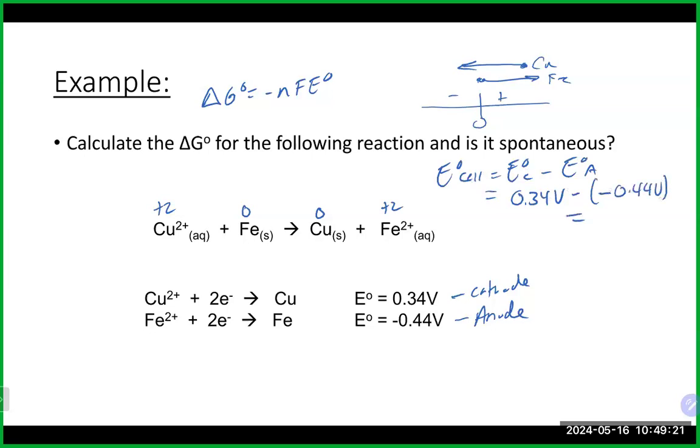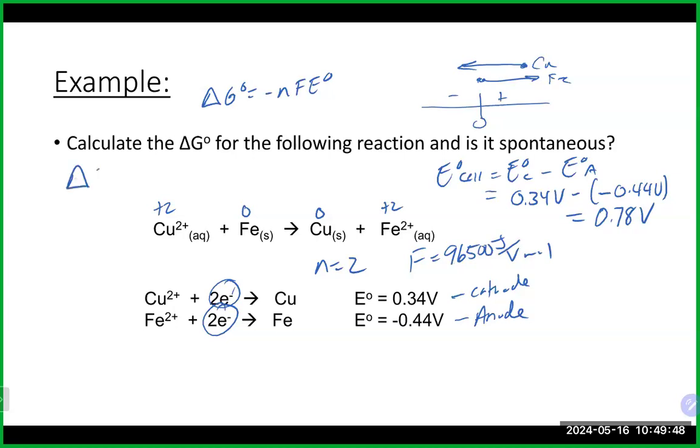Once again, I'm not changing the sign, so I will just subtract here, and that's going to give me a cell voltage of 0.78 volts. My n here is going to equal 2, as I can see it is balanced in both of them pretty much. And again, our F is a constant 96,500 joules per volt per mole. That's pretty much all I need here.